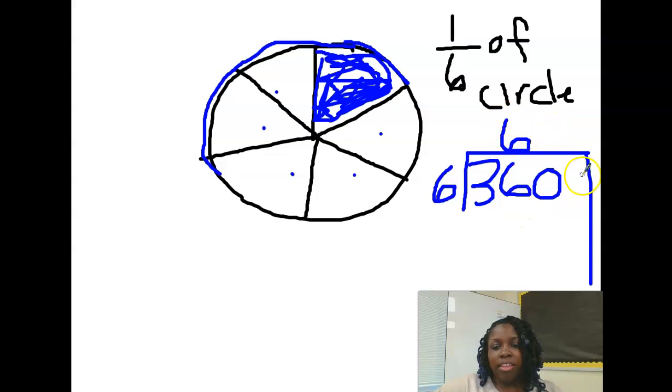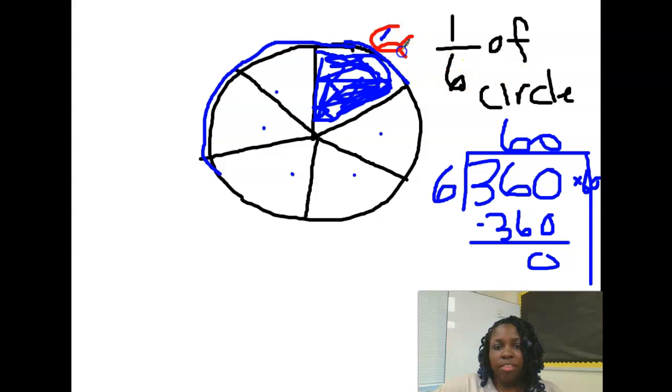I know 6 times 60 is 360, so each section is 60 degrees. Let's see if it's true: 60 plus 60 plus 60 plus 60 plus 60 plus 60 is 360 degrees.